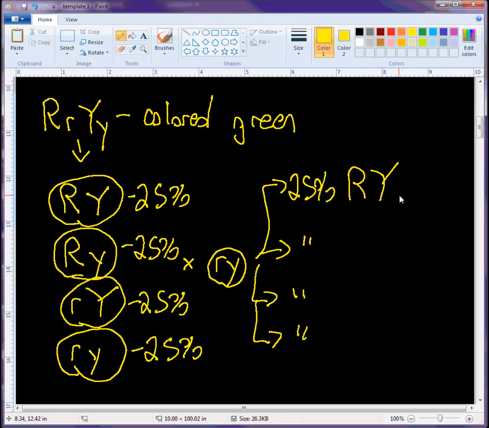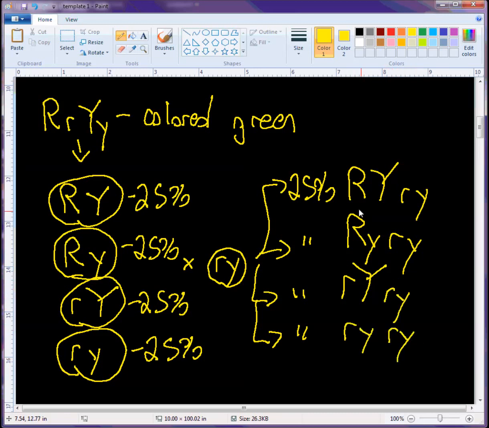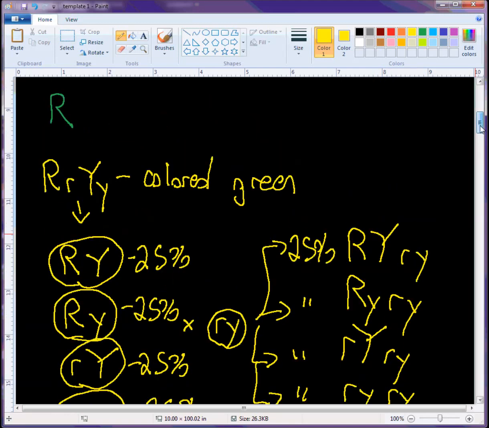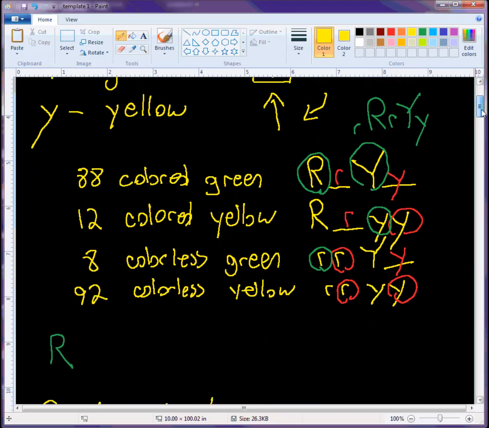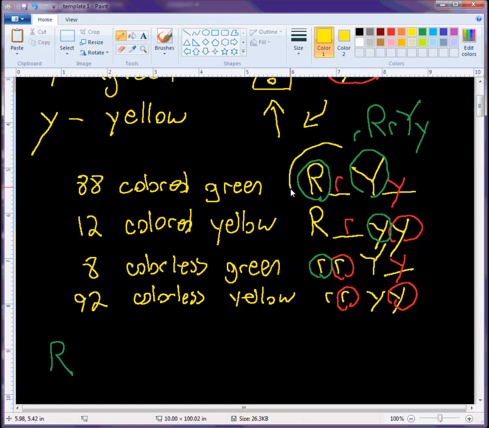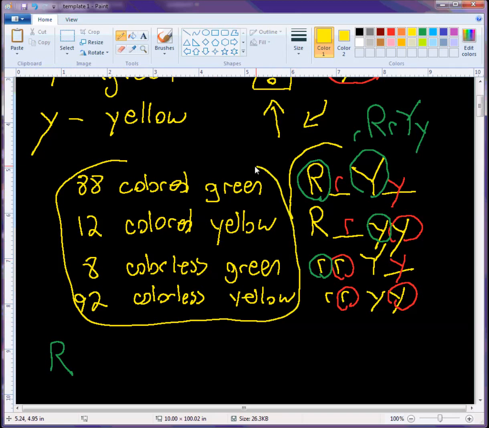So big R, big Y, little r, little y, big R, little y, little r, little y, and so on and so forth. And so all the 4 phenotypes we saw in the progeny, I can scroll up here, all these guys up here, they should be seen in equal numbers.